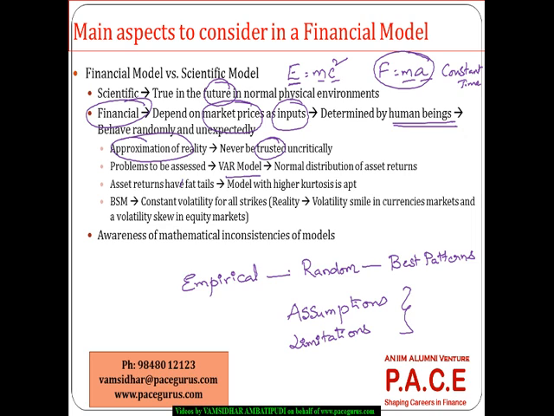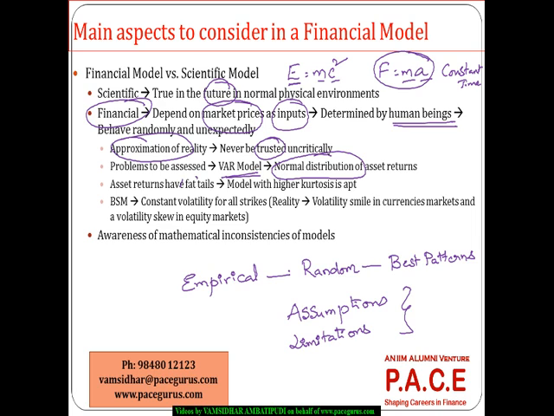Just to give an example, if I talk about a VaR model, it very clearly assumes that the returns are normally distributed. But what if the returns are not? We actually make an assumption that the returns of the assets are normally distributed.